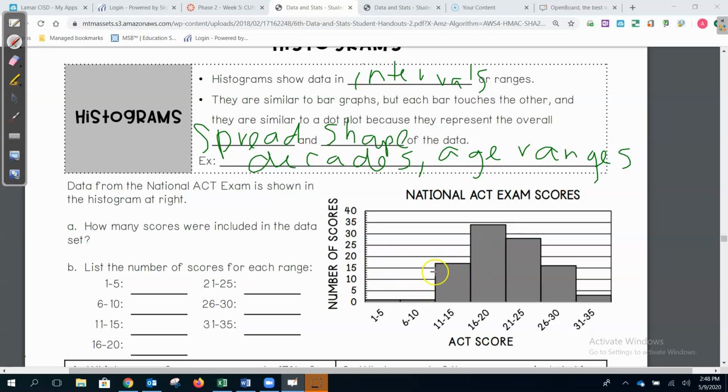So this is just above 15, it's probably 17. So we probably have 17 on this one. We have 30, 38. I know these little lines are kind of hard to see, so we're gonna guess. I know the answer is 100, but let's see how close we get just by eyeballing it.